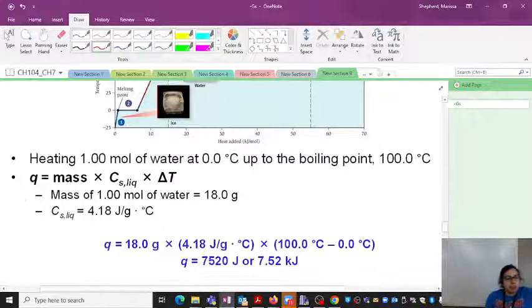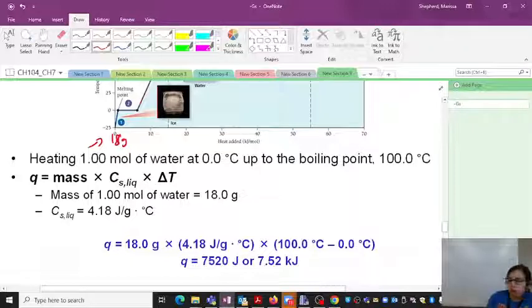Except this time, our specific heat of water when it's a liquid is slightly higher, so 4.18 joules per gram degrees Celsius. So once again, we take this 1 mole, bring it to 18 grams, so we're in the right units. Then we know we have a delta T of 100.